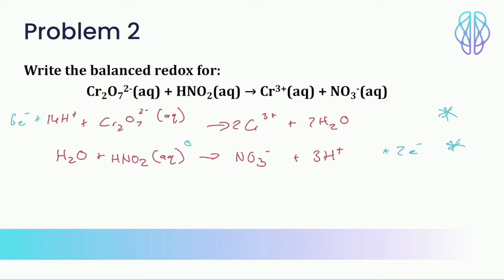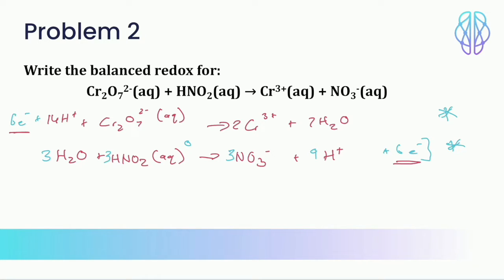So what we're going to do to cancel it out is look for a common factor between 6 and 2 to get that 2 up to 6 electrons. So we're going to just multiply this whole equation by 3. And what that's going to look like for us is 3, 3, 3, 9, 6. So now we've got the 2 here, 6 and 6, so they will cancel out.